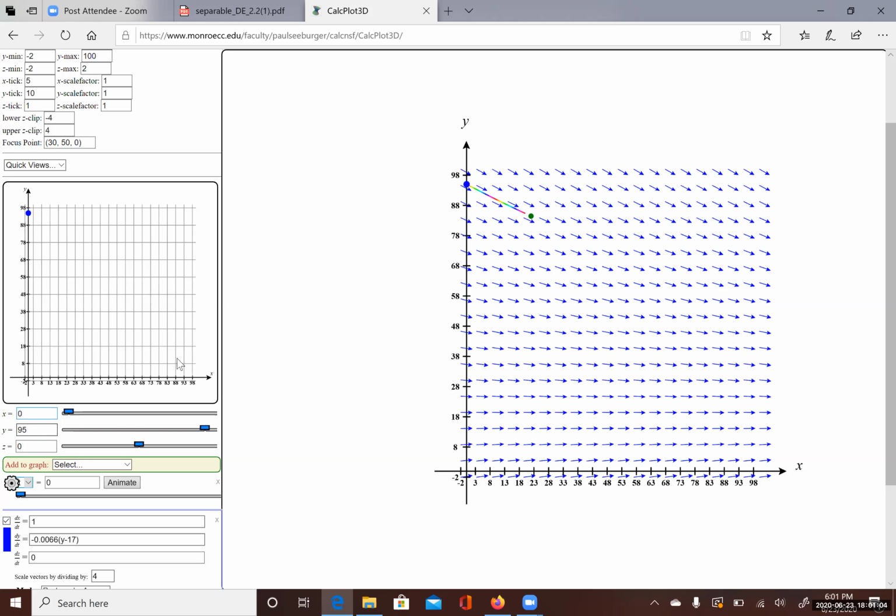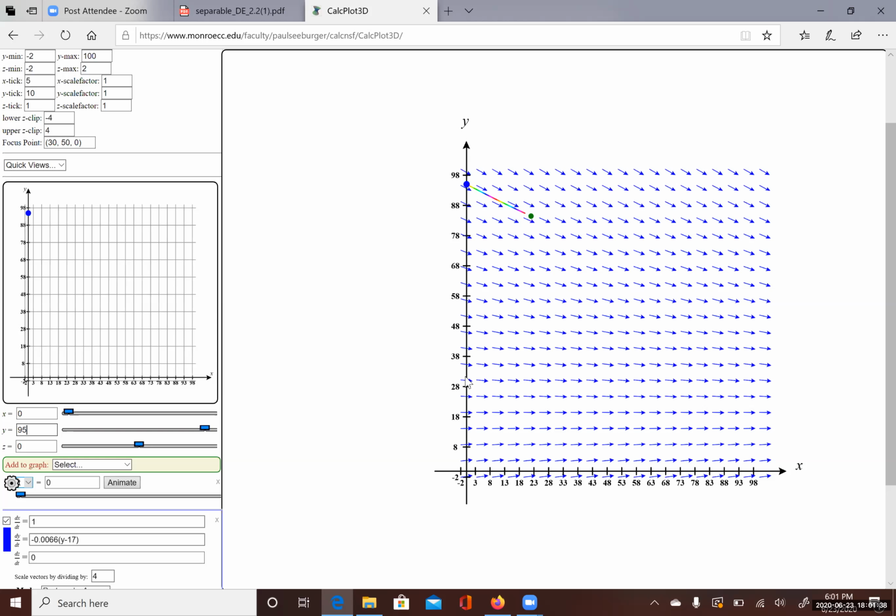So this is a solution curve for the coffee temperature problem. You can see that it is a decreasing exponential function, and as we know, it is approaching the line y equals 17, as the temperature of the coffee approaches the ambient temperature, which is 17.